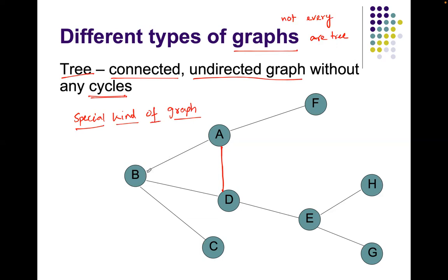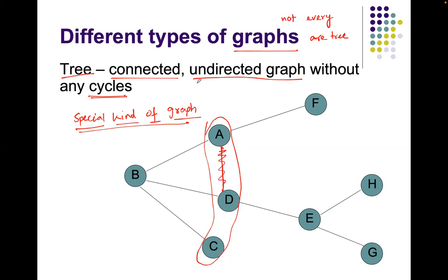What I'm saying is that B has three children, A, D, and C, and A also has child D. That doesn't make sense in a tree. In a tree, A, D, and C are supposed to be siblings with the same parent, but I cannot say that D has a parent which is A. One node would have multiple parents, so that's not what a tree is. In a tree, remember, we cannot have any cycle.